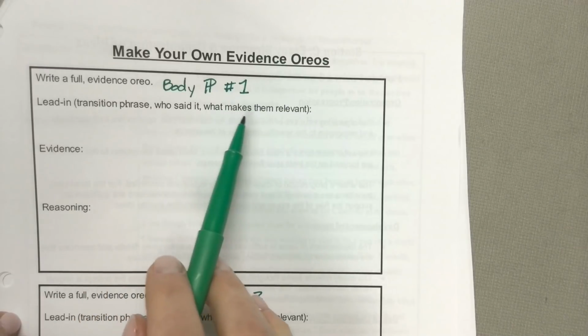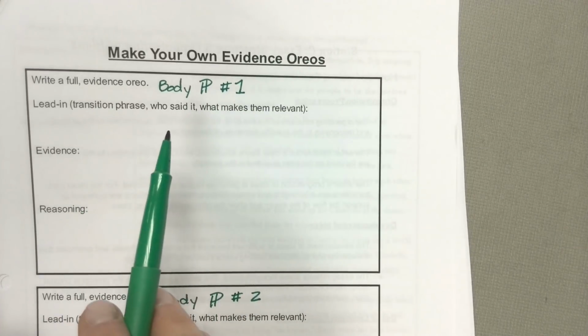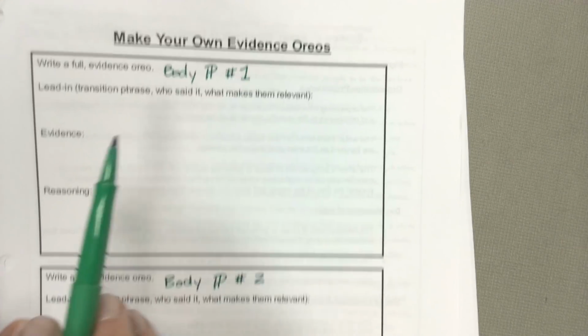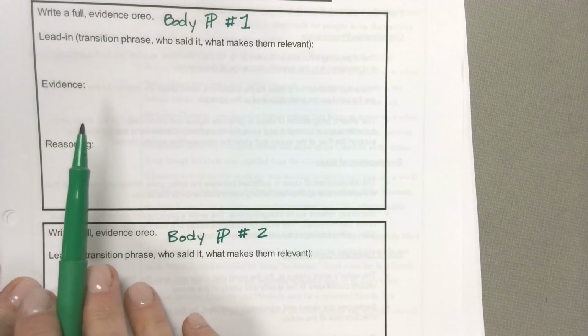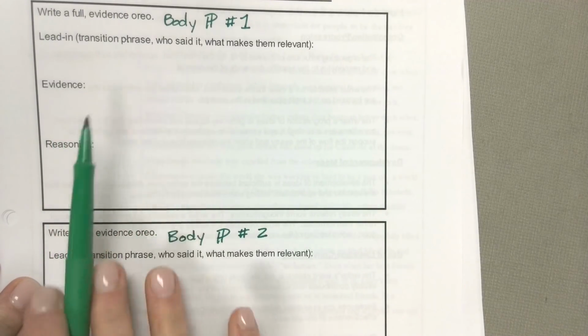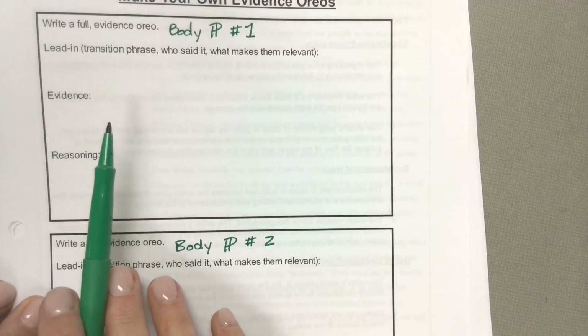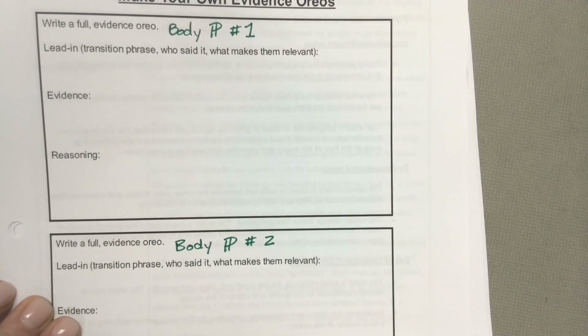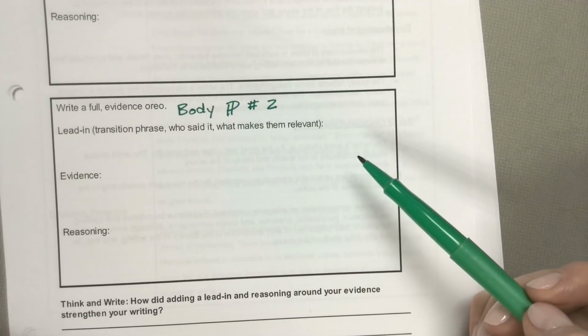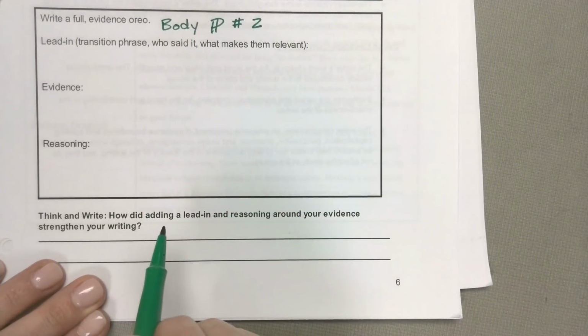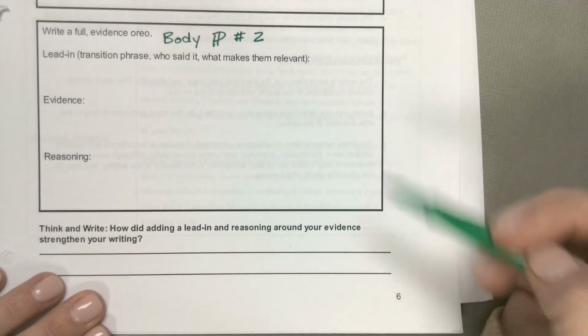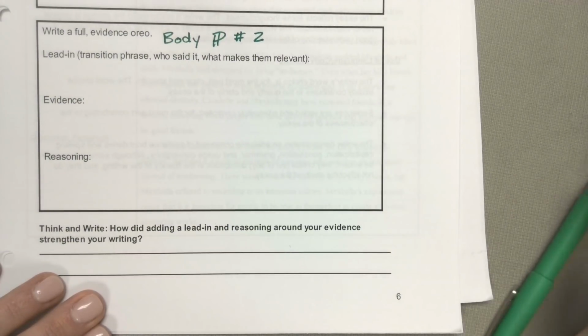Remember, that's who said it, right? That's your author, your title, your character. Your evidence is your specific event, character, plot point, and then your reasoning ties it all together. Why does your evidence support your thesis? You're going to do that times 2. Answer your thinking right, and then get this work page checked by a teacher.